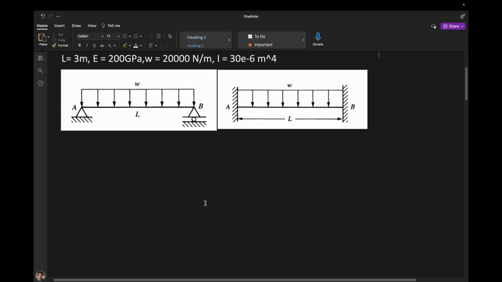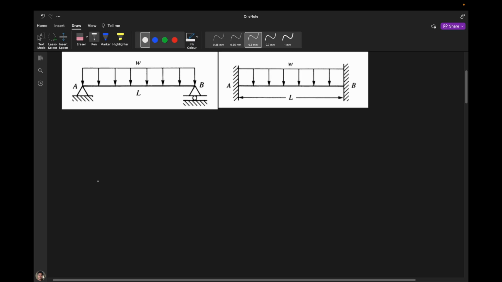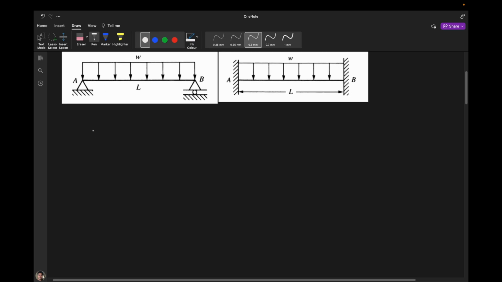So we already saw that this is the governing equation which is required to reach the variational form of the beam equation. Okay, so this is the governing equation.